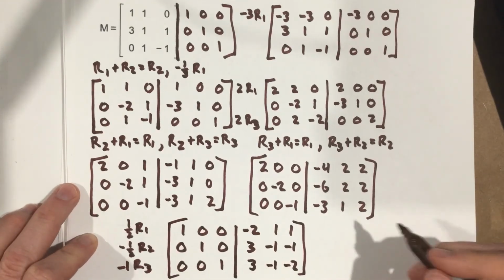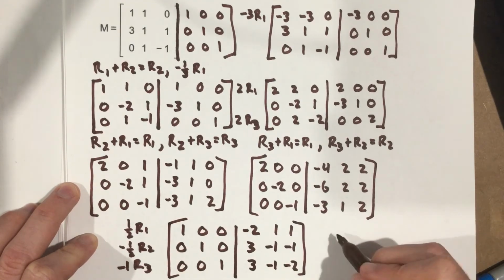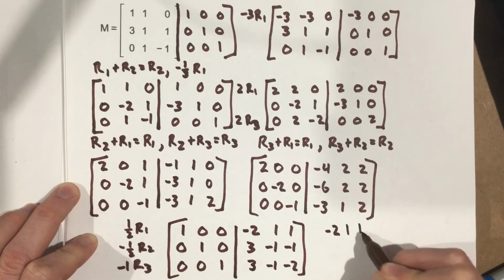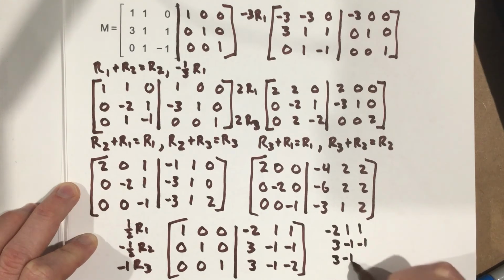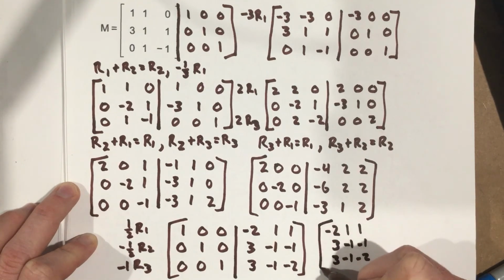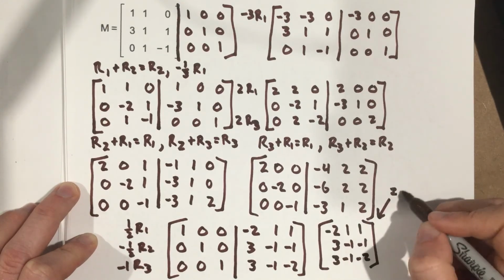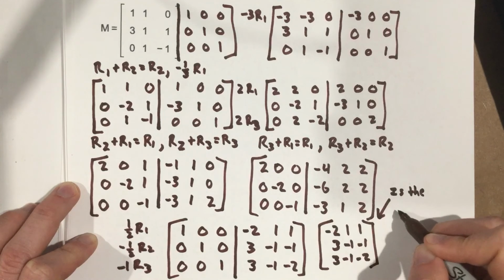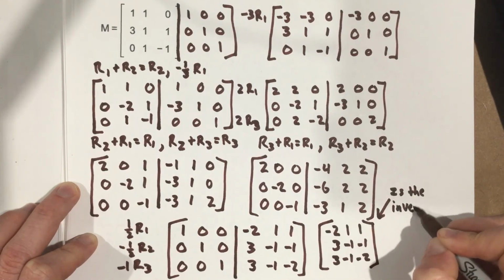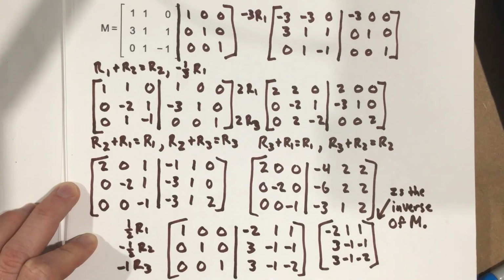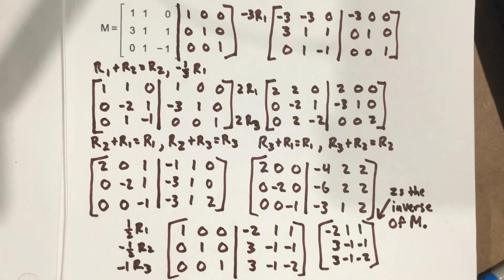So the inverse we have is -2, 1, 1, 3, -1, -1, and 3, -1, -2. I'm just going to point at it. That is the inverse of M. And that's how you find the inverse. Use Gauss-Jordan elimination to do that.